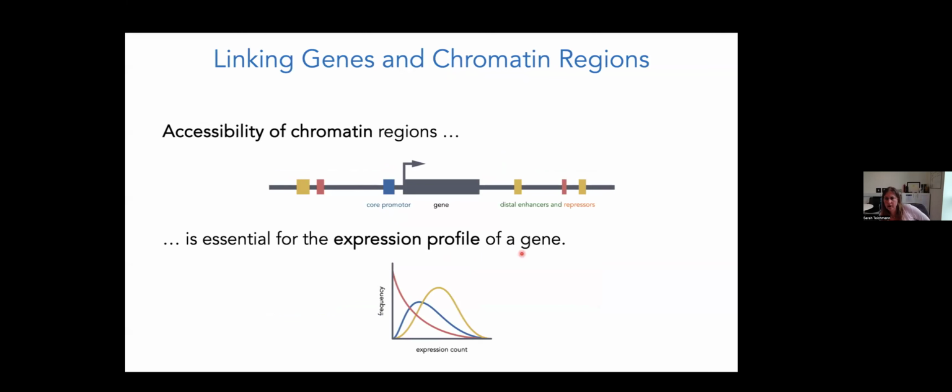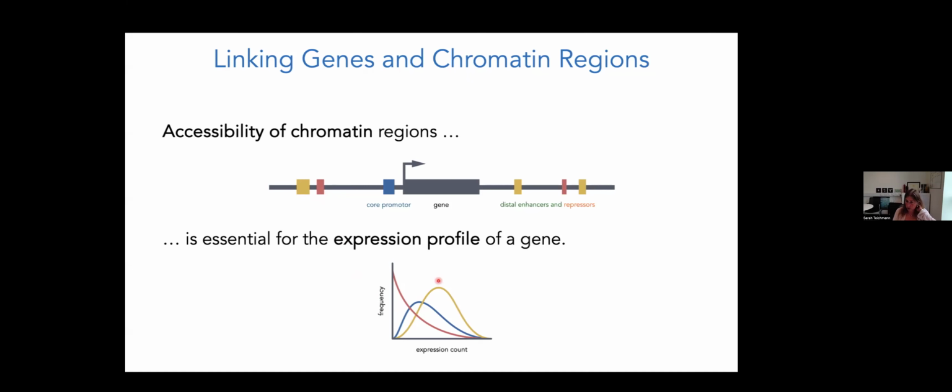So the covariate model is something that's new in this application, but we also wanted to lay the foundation for using what's learned by the model to learn about how modalities are connected. In this case, we are linking accessible chromatin regions, with distal enhancers, distal repressors, et cetera, shown here in yellow and orange, to the expression profile of a gene.